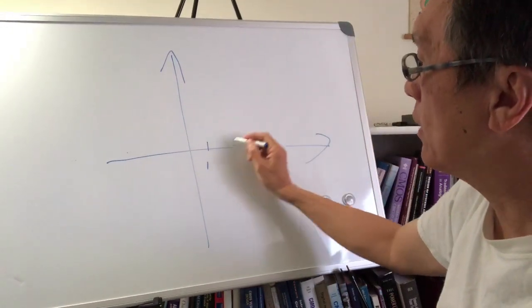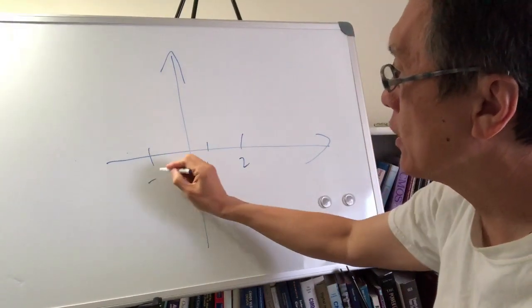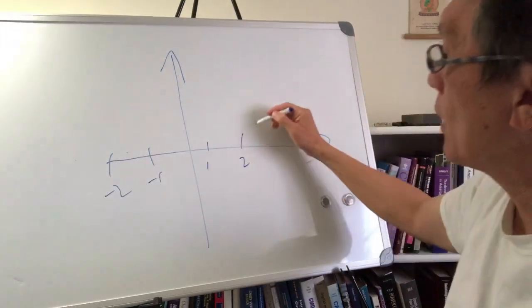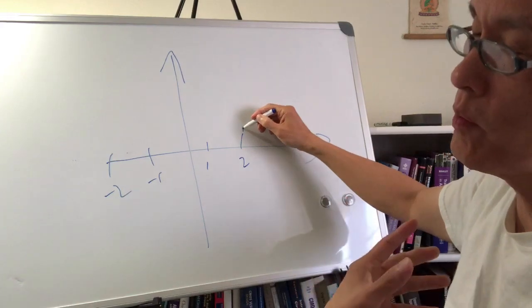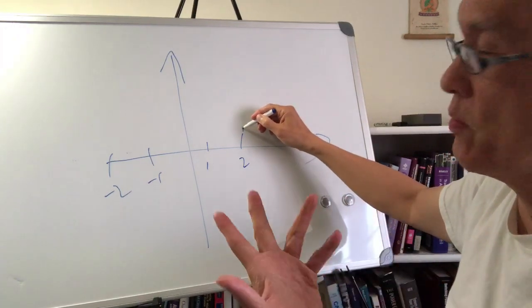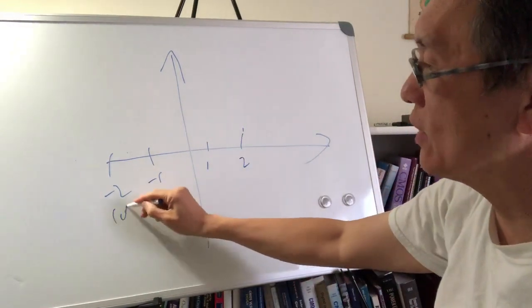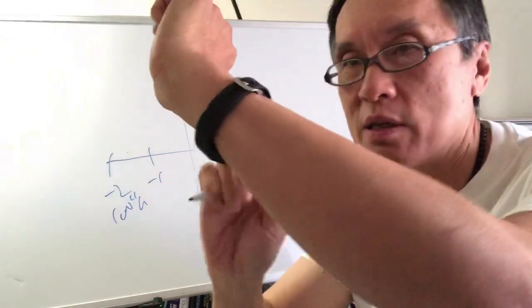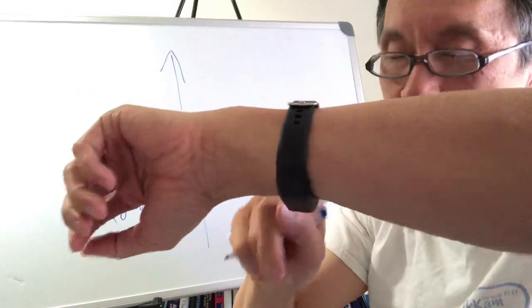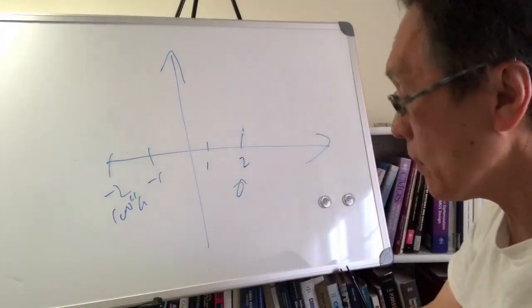So this is 1, this is 2, say for example, -1, this is -2. A usual normal human being like you and me has stress between 100 and 0, which we can measure with this Garmin Vivosmart 3 watch.